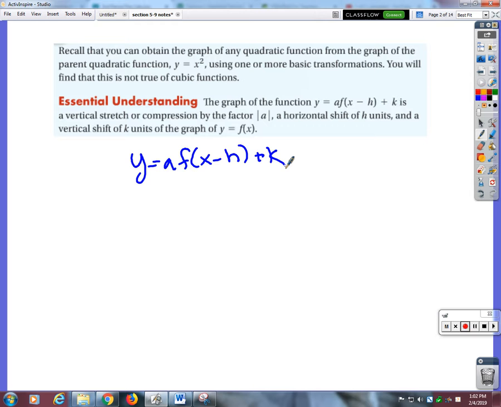You know this already. If you take a function and multiply it by a number, what happens to the graph? In what way?